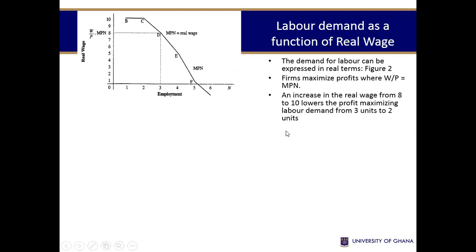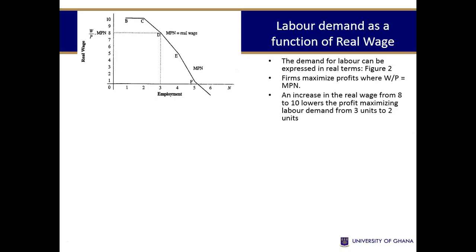Right, so now let's look at something here. Just assuming there's an increase in real wage from 8 to 10, then what is going to happen to the units of labor hired? Now, let's look at the intuition before we go to the curve.